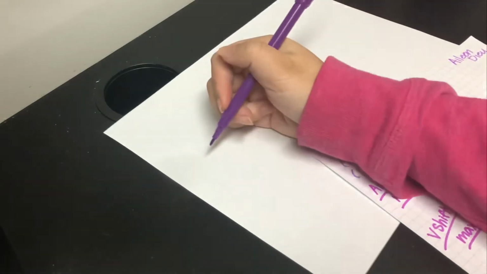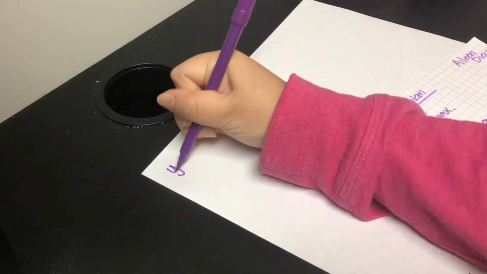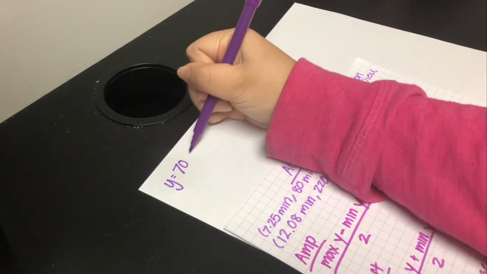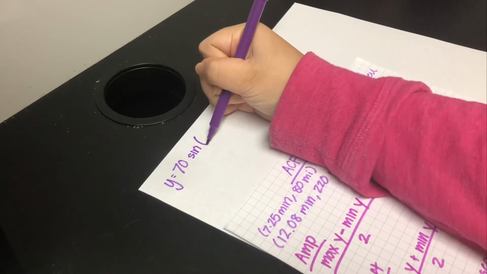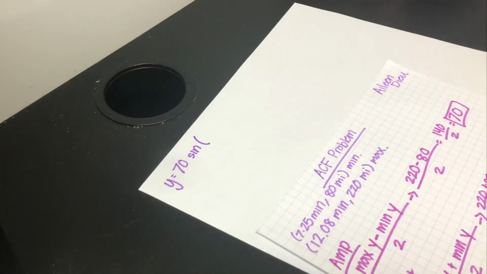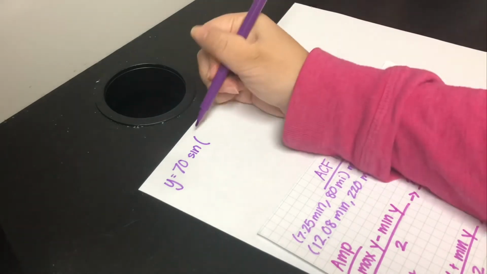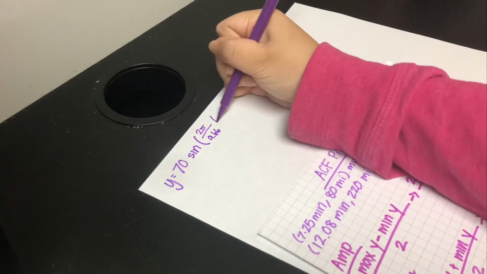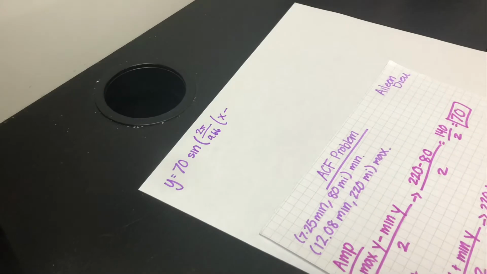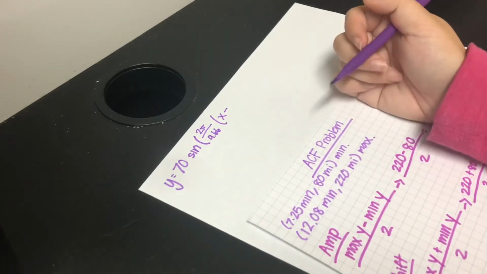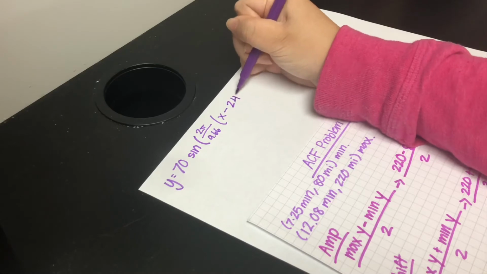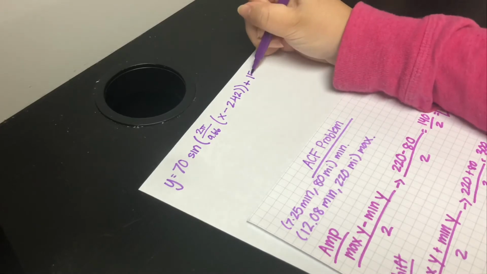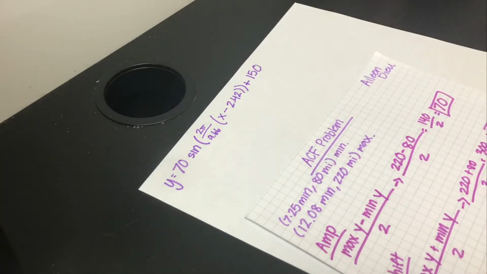So the first one would be over here on the white paper. y equals, and then we use the amplitude that we found, which was 70, times the sine, open the parentheses, in which you put the 2 pi over the period, and the period is 9.66, and then the phase shift x minus 2.42, and then you add the vertical shift, which is plus 150, and then from there we can start graphing.